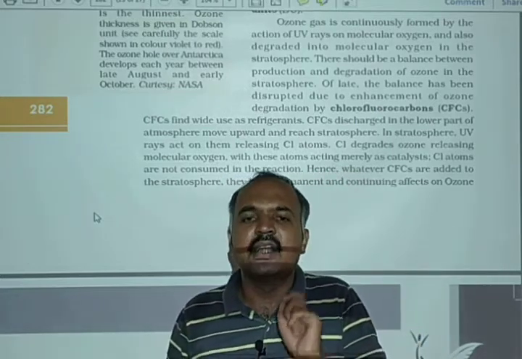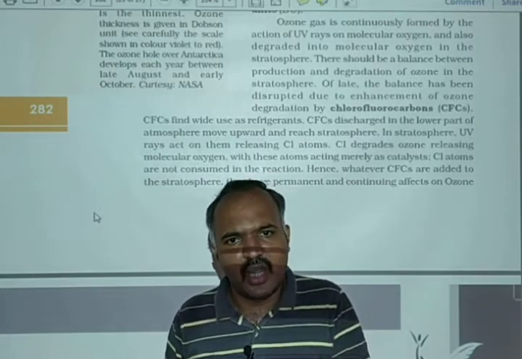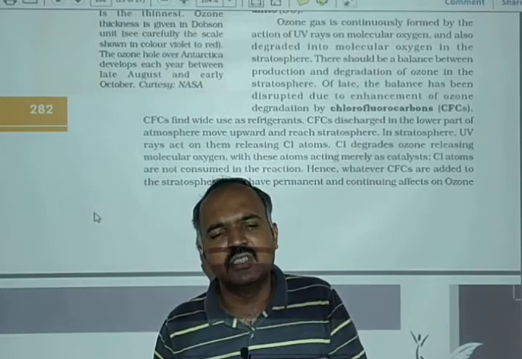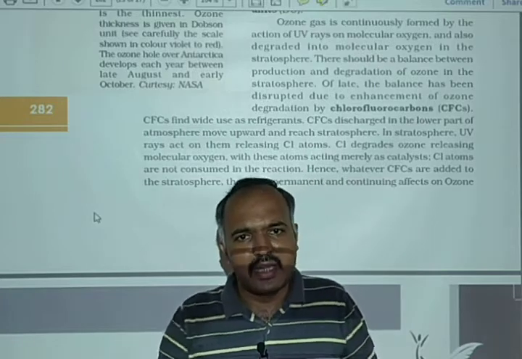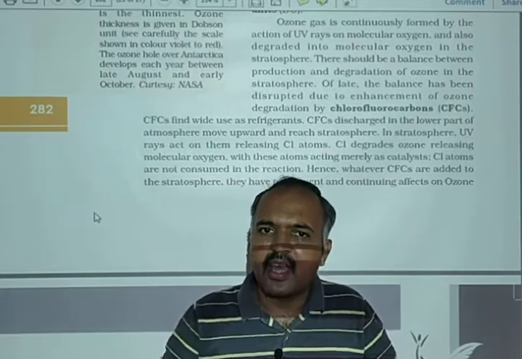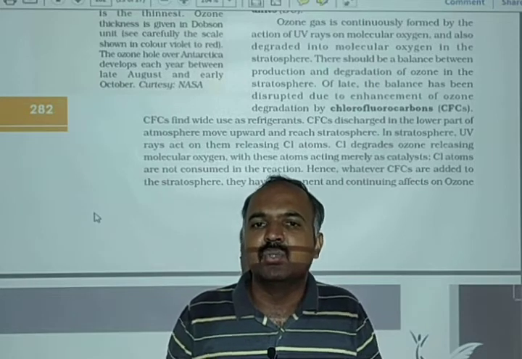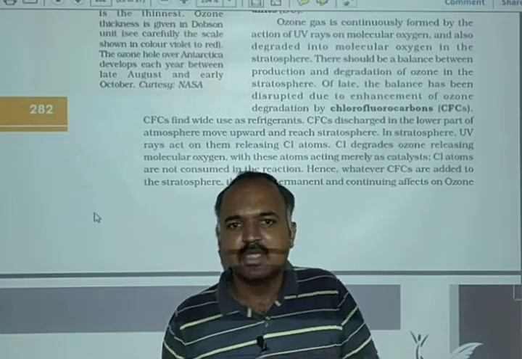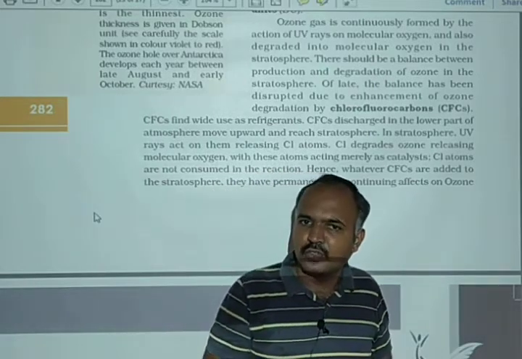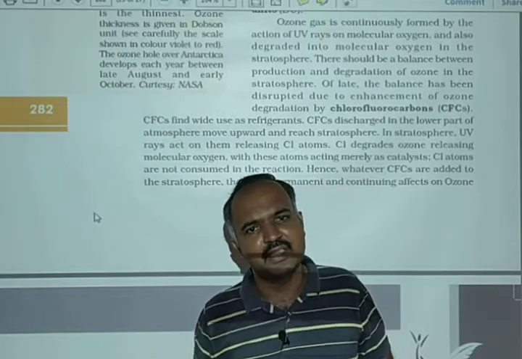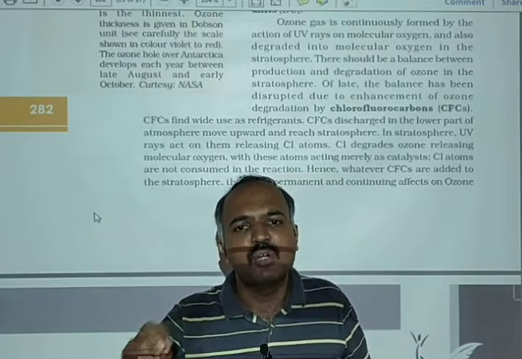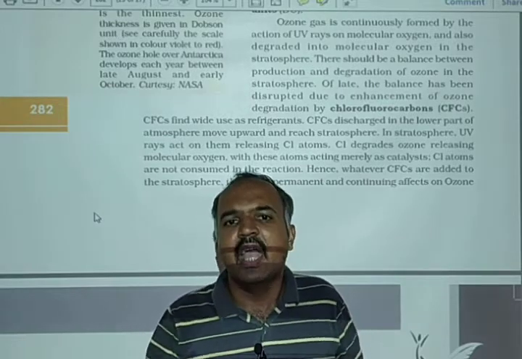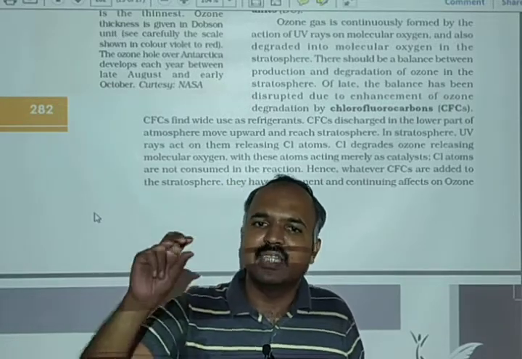When this balance gets distorted, the ozone layer is depleted, and when the ozone layer becomes thin, it is known as an ozone hole. The rate of ozone depletion increases and the thickness of the ozone layer is reduced.